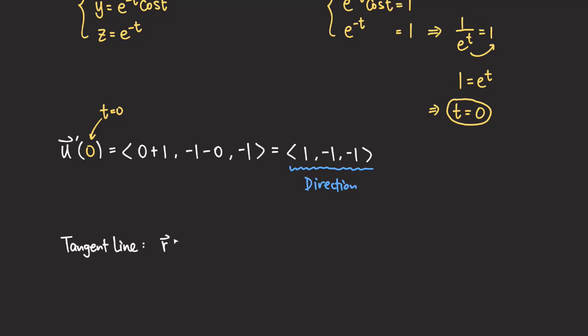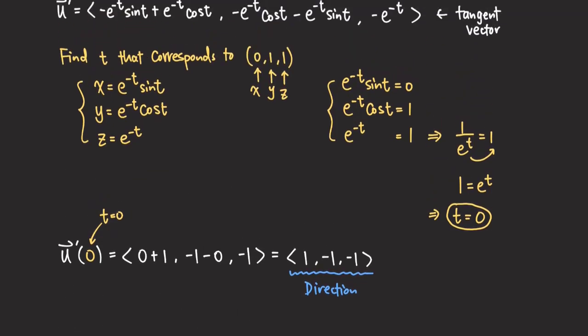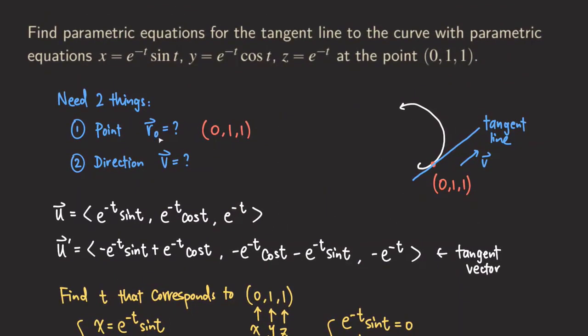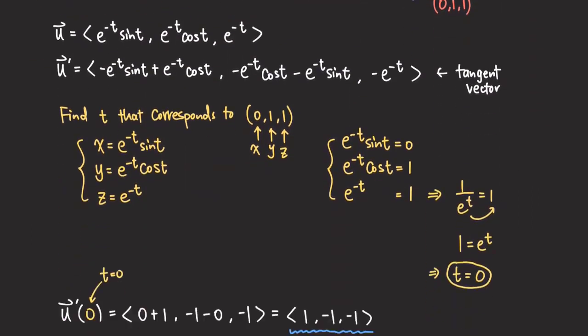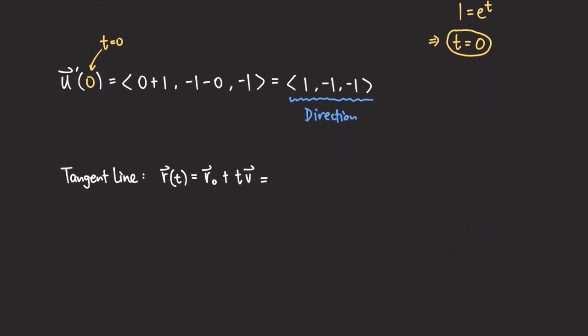And then we can write it as r of t is equal to r naught plus t times v, okay? And then we just need to fill in the r naught and the v. And so what is r naught? We already have that over here, which is our point, right? 0, 1, 1. But remember that we are going to write it as a position vector. So we are going to get 0, 1, 1.